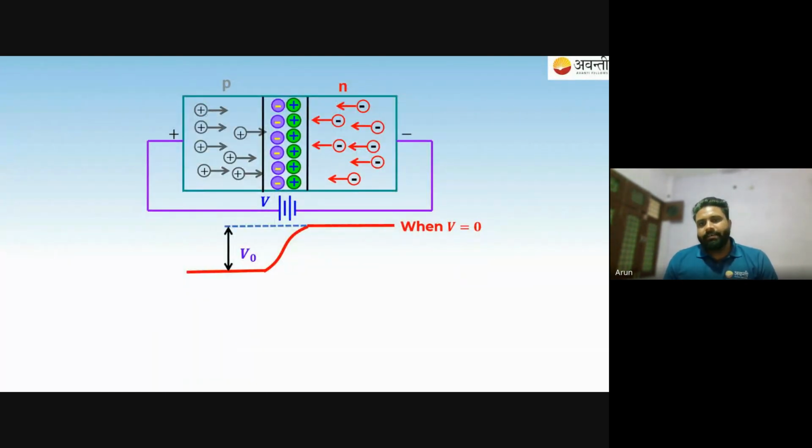Initially, when V is 0, we have a potential barrier V naught provided by this, when no external power source is used.